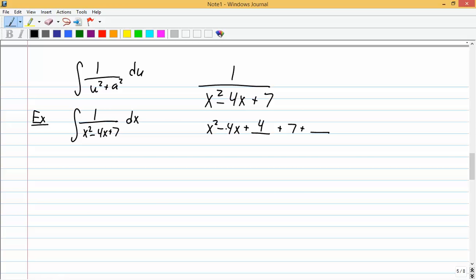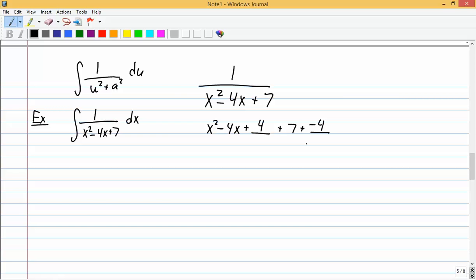Don't worry about the positive or negative sign in front of the x yet. So if I add 4 here, I need to subtract 4 here. We can't just add numbers to equations when we want to, or to parts of an expression when we want to. If we add something, we have to subtract that same something.